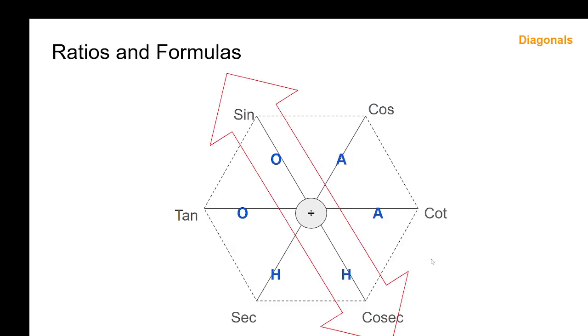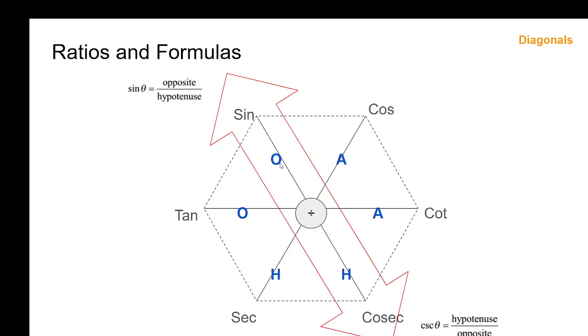When you take one diagonal and start with one end of the diagonal, you will get the ratio formula for that particular trigonometric ratio. That is sine theta is equal to opposite divided by hypotenuse. Similarly, cosecant theta is equal to hypotenuse divided by opposite side.